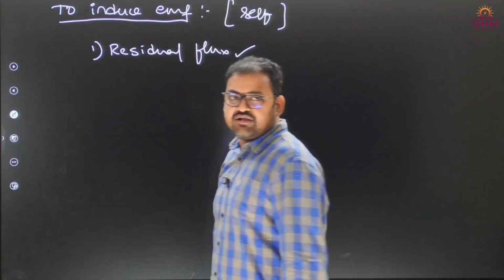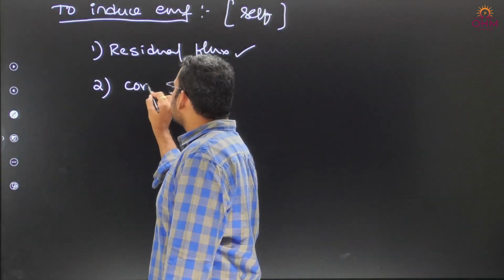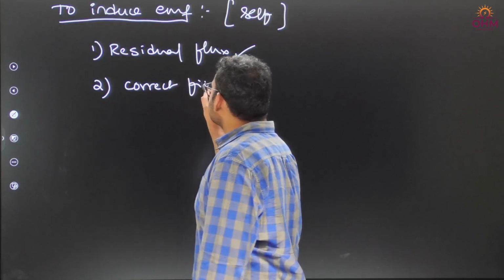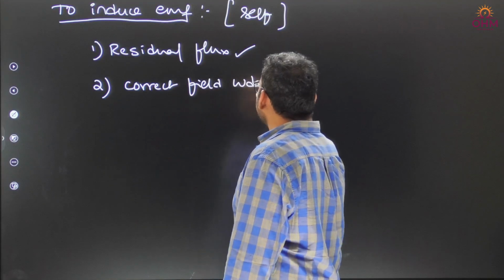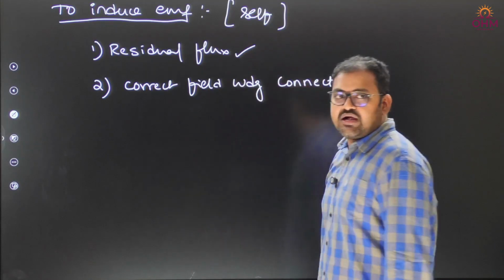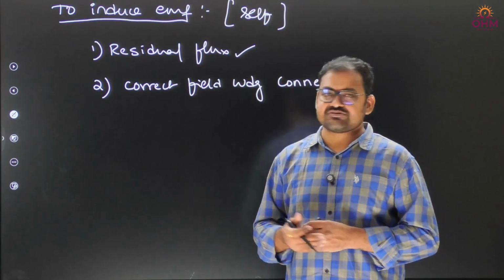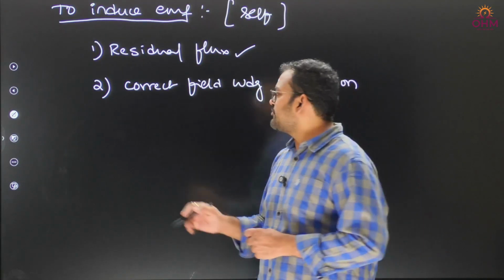This is compulsory. Okay. Second rule is correct field winding connection. If you use correct connection, then only additional flux will magnetize residual flux and resultant flux can increase. Okay. So correct field connection is important.